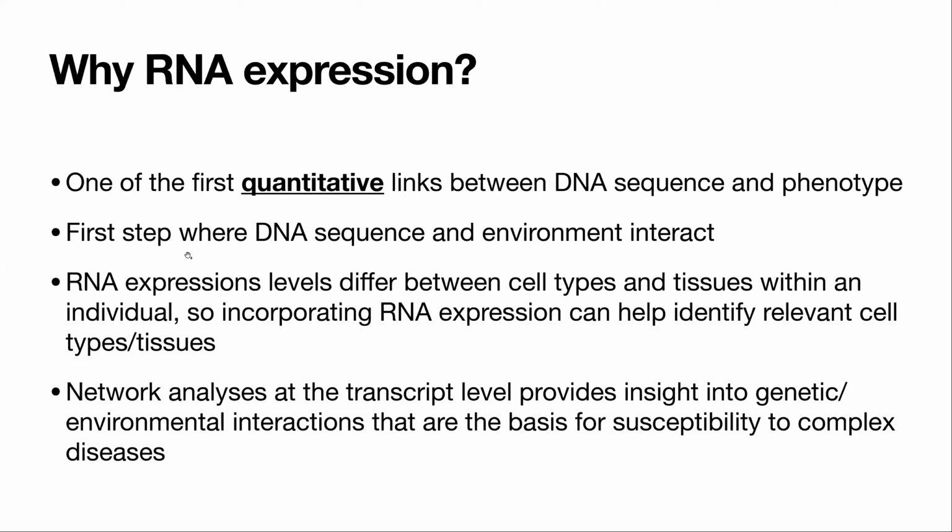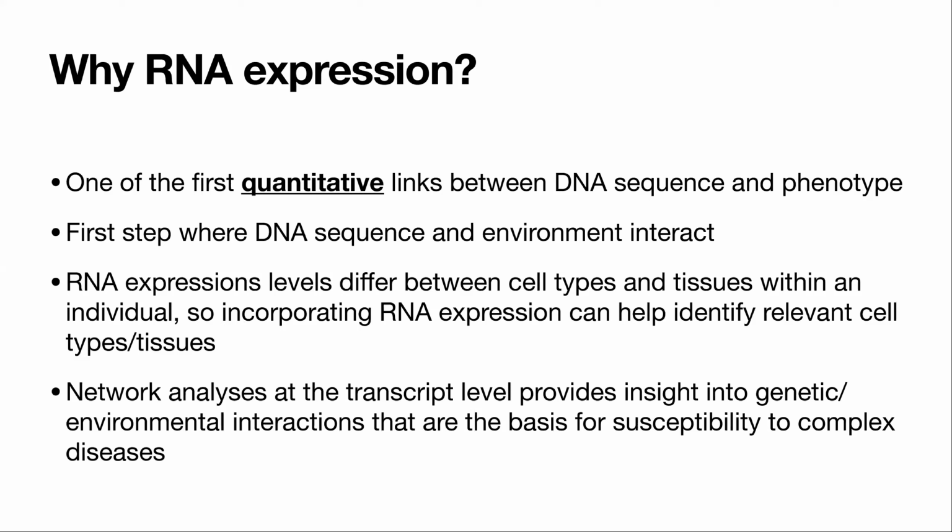And so we can see that right away with differences in RNA expression in different types of cells and different types of tissues. And RNA expression to that point can help us differentiate cell types and tissues within an individual. So incorporating this information into our analysis of how that causal DNA variant can affect our phenotype is also going to bring in knowledge about relevant cell types and relevant tissues.